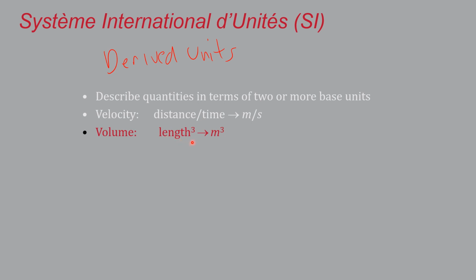So it's going to have units of length times length times length, or length cubed, or meters cubed. So the cubic meter is the SI unit of volume. The reason why those 7 units can describe anything is because they can be combined in a nearly infinite number of combinations to give you derived units. All right.